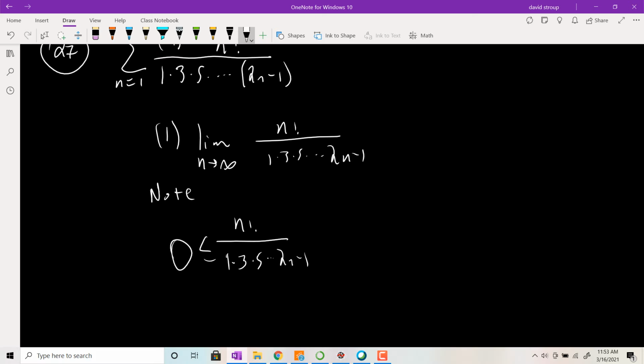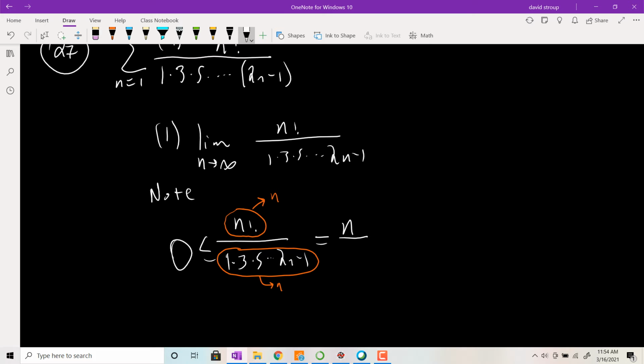And then to make the boundary on the top, notice that you can pair these things, right? How many things are in the numerator? How many things in the denominator? There are n things up here, and n things down here. So you can do this kind of pairing with each term.